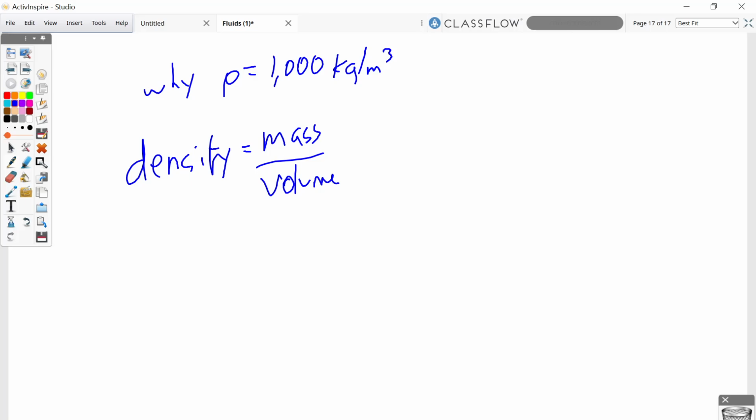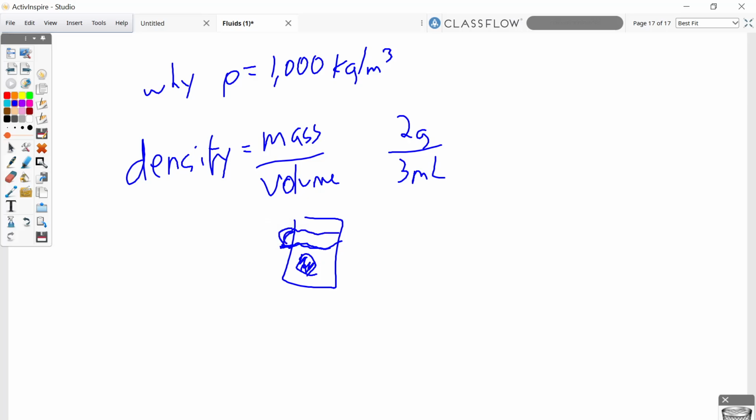So let's say you have an apple, okay? And the apple weighs 2 grams. And let's say the volume is, I'm just making up numbers here, 3 milliliters. So the easiest way to figure out the volume of something is you measure how much water you have, and then when you put the object inside, the water level is going to go up.